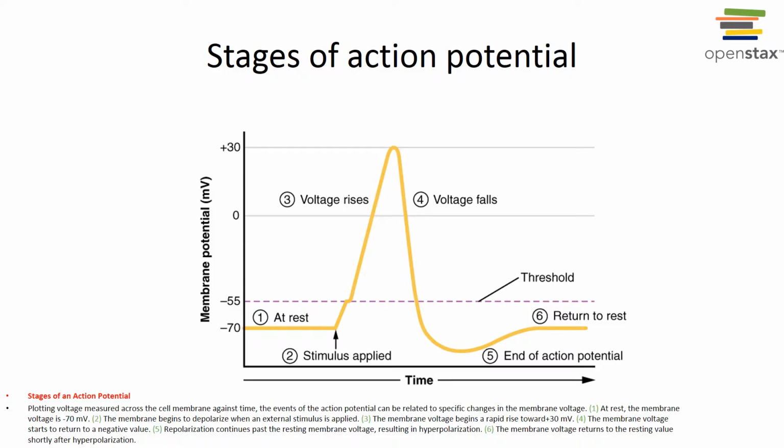At this point, the sodium-potassium pump is signaled on and pumps 3 sodium ions to the outside for every 2 potassium ions pumped to the inside. This reestablishes the resting location of ions while also reestablishing the resting membrane potential of minus 70 millivolts. And that's at step 6 here in the figure, where the membrane potential has returned to its resting state.